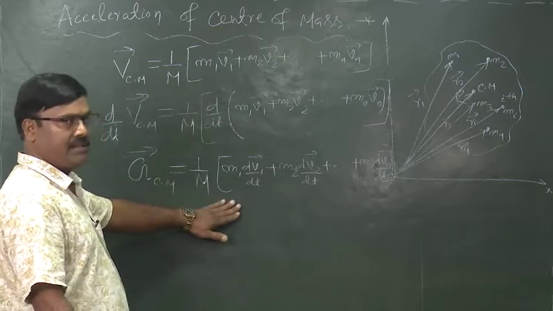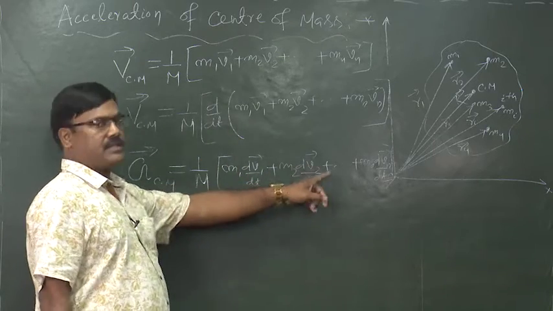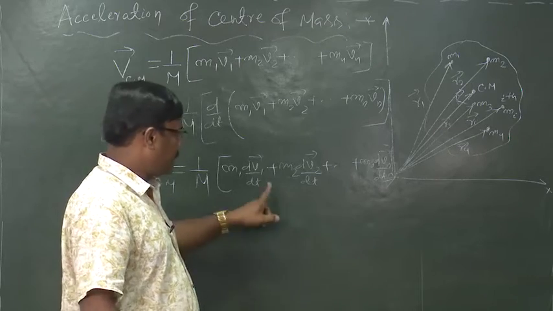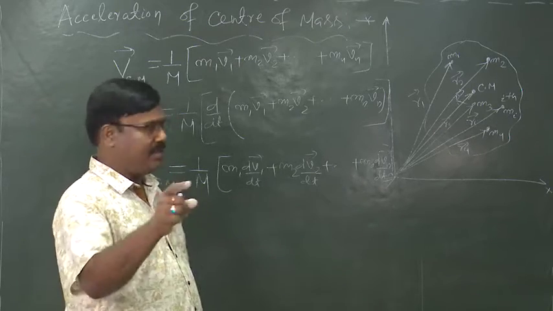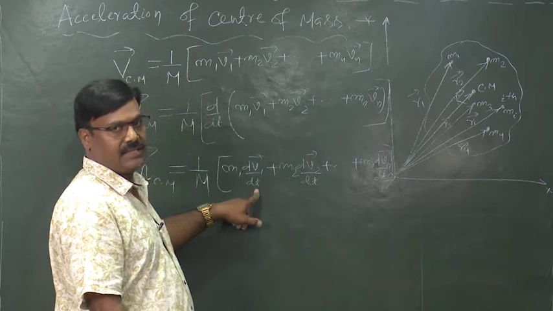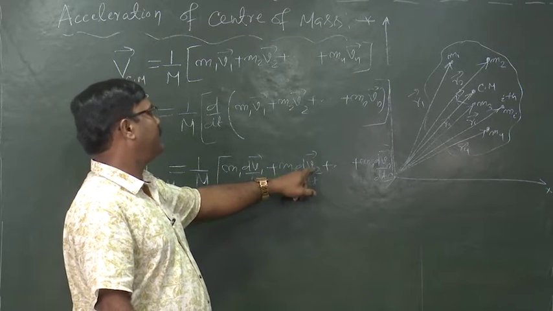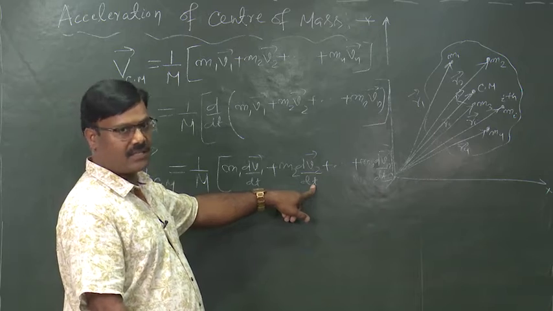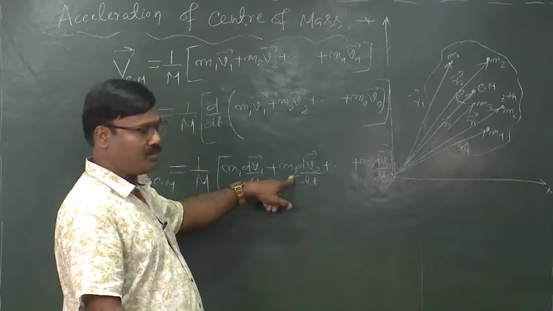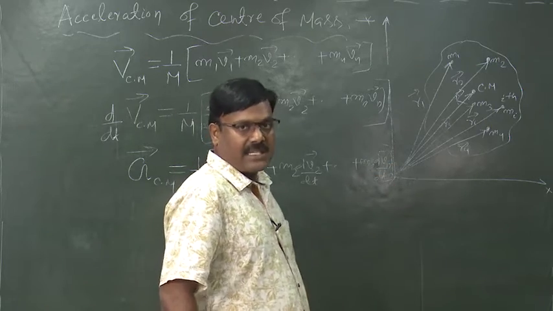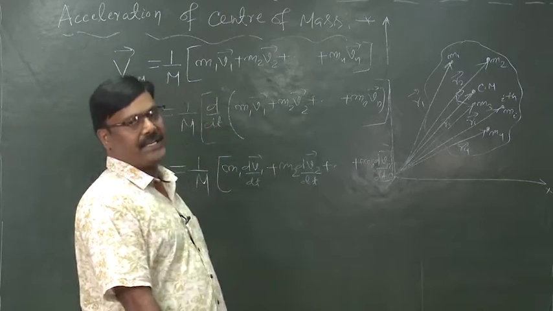Now, further these terms can be expressed in terms of their respective accelerations. That means dv1 by dt is the acceleration of the first particle, dv2 by dt is the acceleration of the particle having mass m2, and likewise dvn by dt will be the acceleration of the nth particle.